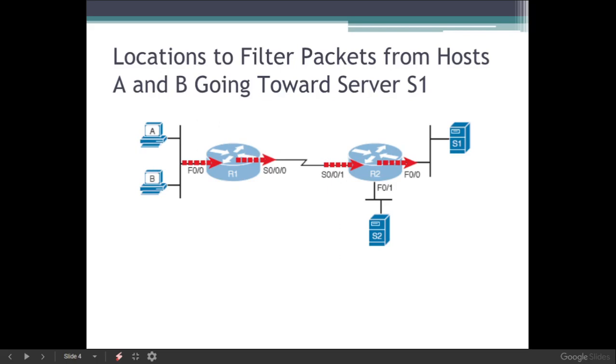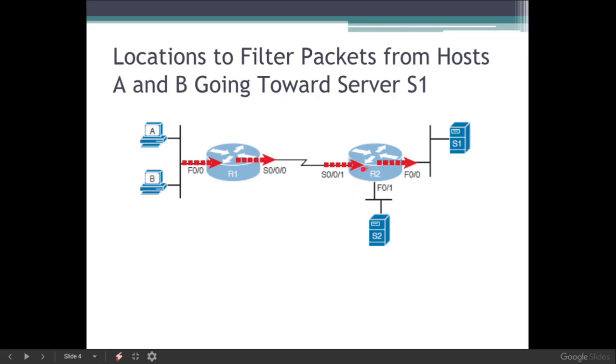Also notice in our filtering, we will filter based on the traffic coming in to FastEthernet 0/0 going in, or if you're doing it on the serial of router 1, you have to filter based on the traffic leaving the router.